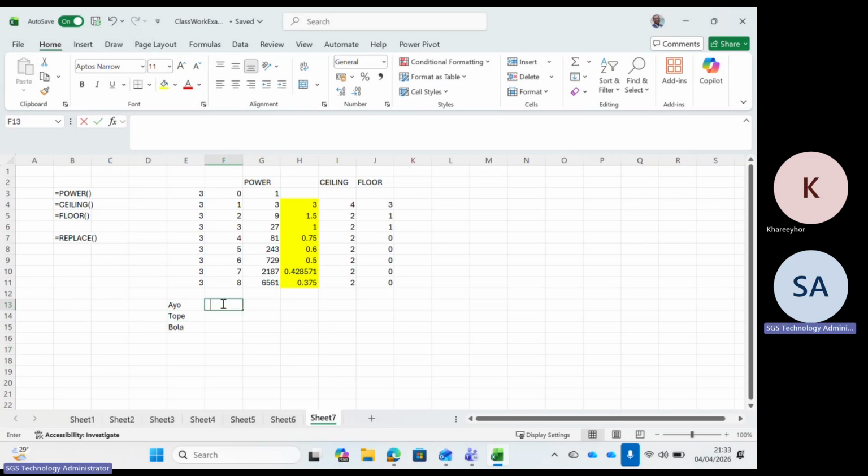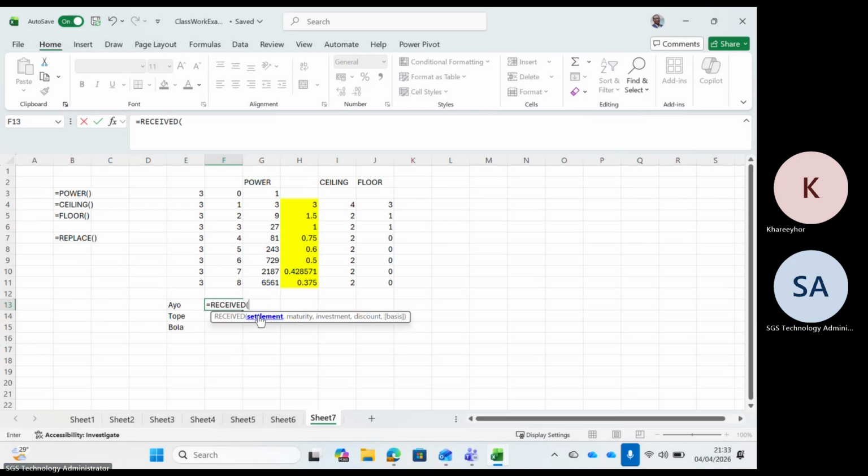So I can say equals REPLACE. What Excel will always hint you is the old text. So I can choose to ignore the start number of characters and stuff like that, and just replace with whatever I want to.